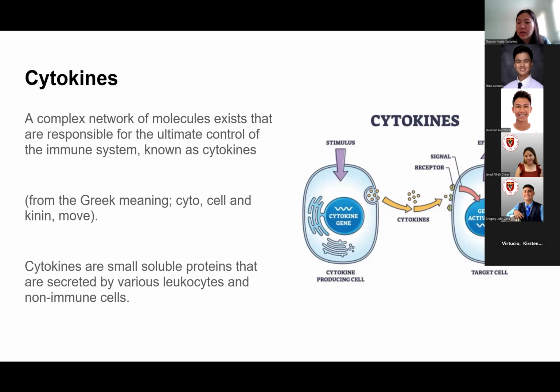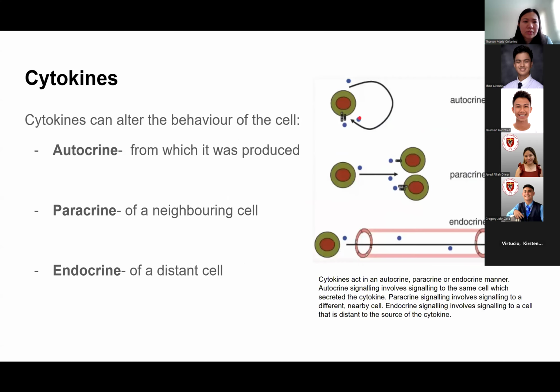There are so many functions of these different pathways, but the end result is a particular effect, whether it's a normal biological function or, let's say, an anti-inflammatory response. So this is how the cytokine works.